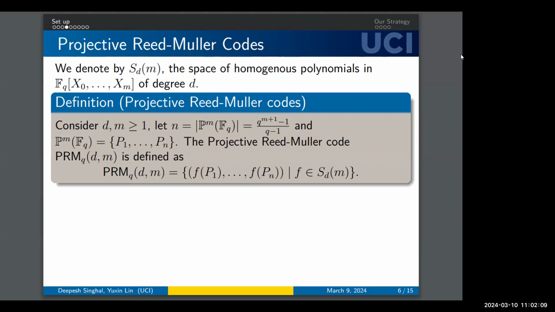The projective Reed-Muller code is again defined by evaluating each polynomial at all the points. You should note here that in projective m-space, the points are defined up to multiplication by a constant. So we pick a representative, and this code depends on which representative we pick, but up to isomorphism, it's the same code.